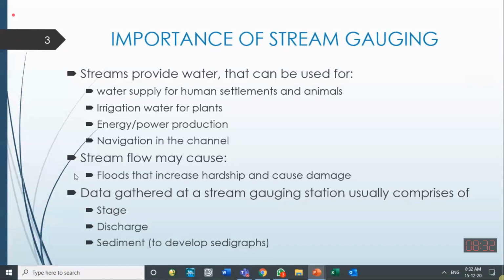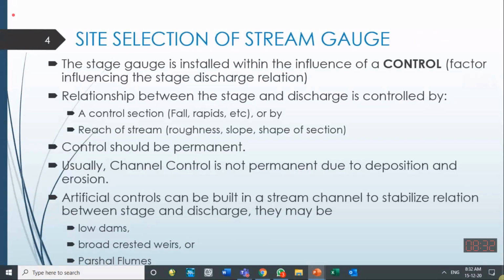So these are the three data we usually measure, and in addition to that, water quality parameters are also measured by environmentalists or water experts. This is a slide which highlights that if you have to select a new stream gauge station, you should take care of these things.